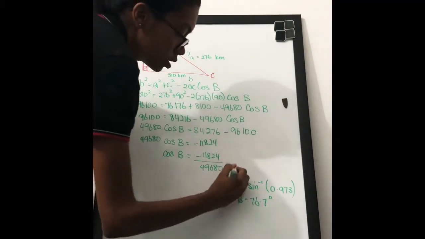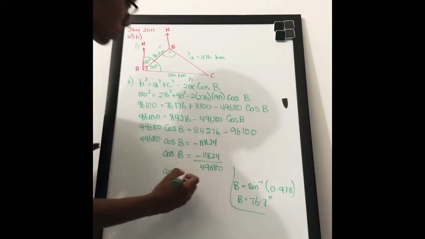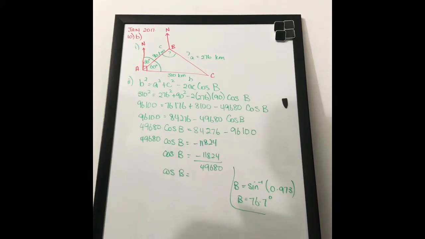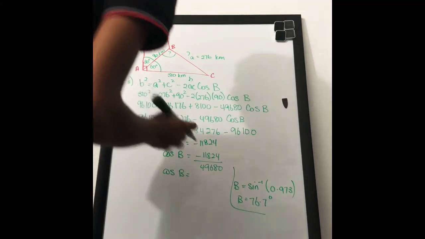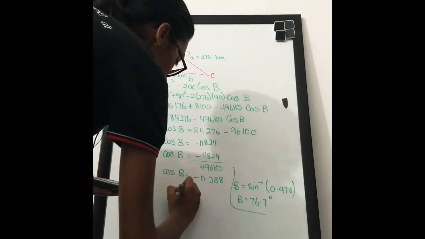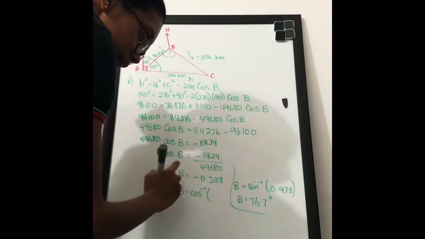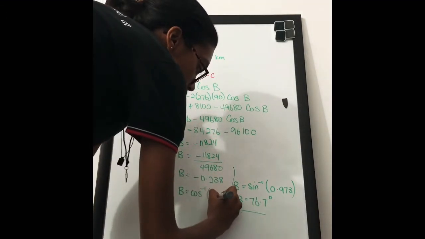Now, we know that we got that with the sine rule. So cos B is equal to negative 11,824 divided by 49,680, which gives us negative 0.238. So B would be the cos inverse. Forget the negative sign for now, just take the positive of it.